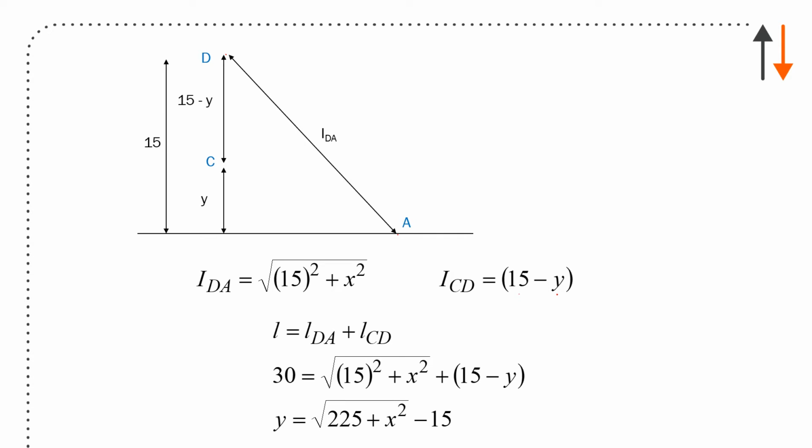So L equals LDA plus LCD. And if I do all the integrals and just start from the beginning, I have this expression for the hypotenuse. This is the side. And so y is going to equal the square root of 225 plus x squared, minus 15, which works out really well for me.